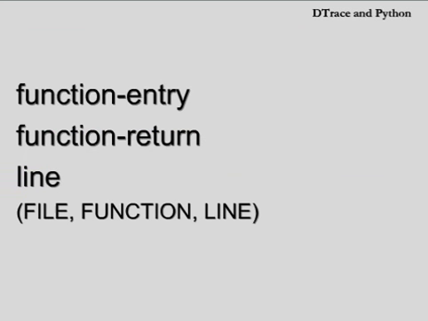So the next thing I wanted to cover in the talk was the different probes that are available with Python. We've already seen a couple of them. The function entry and function return ones we've talked about quite a bit. The way these slides work is that the top part of the slide, function entry, function return, and line, are the probe names.